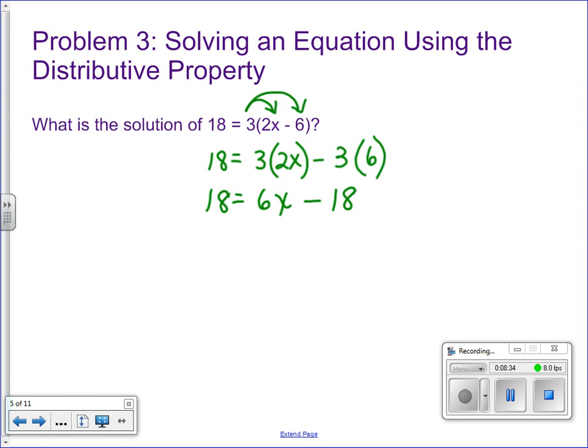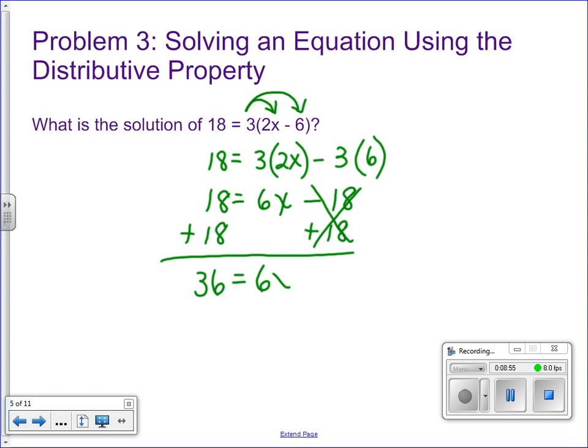Now, let's undo what was done to the variable. First thing I want to do is to get rid of the subtraction, so I'm going to add 18 to both sides. Minus 18 plus 18 is equal to 0. Solving now, 18 plus 18 is 36 on the left, and I'm going to bring down my 6x on the right.